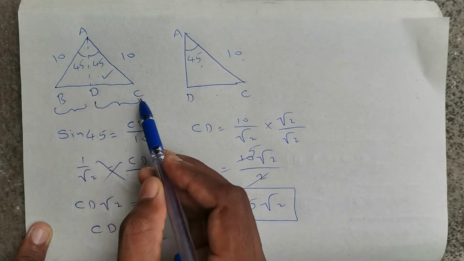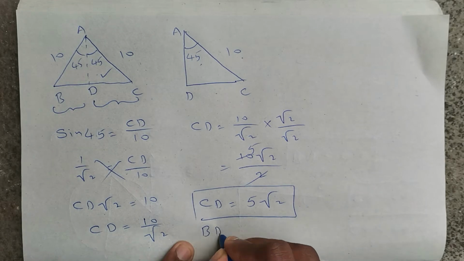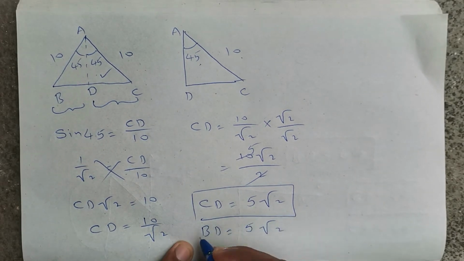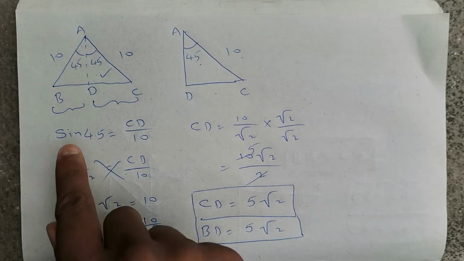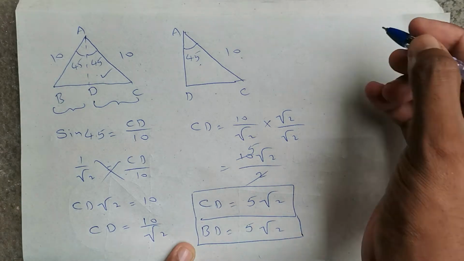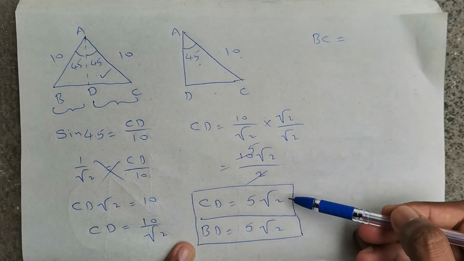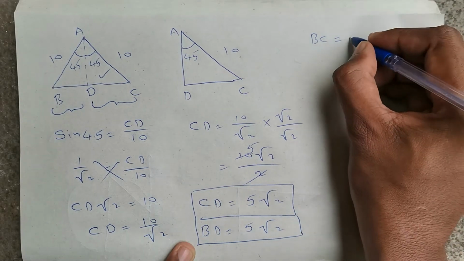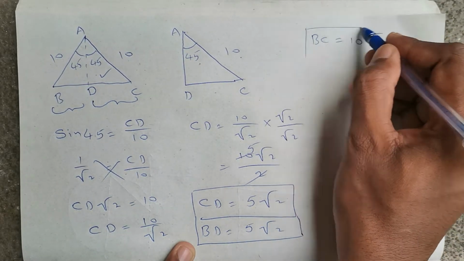So BD and CD are both equal to each other. CD is 5 times root 2, so BD is also exactly 5 times root 2. BD plus CD is nothing but the total measurement BC. So BC is equal to 5 root 2 plus 5 root 2, that is 10 times root 2 centimeters.